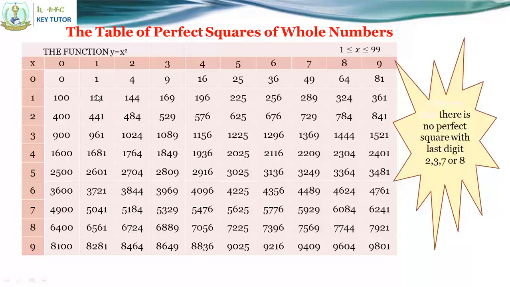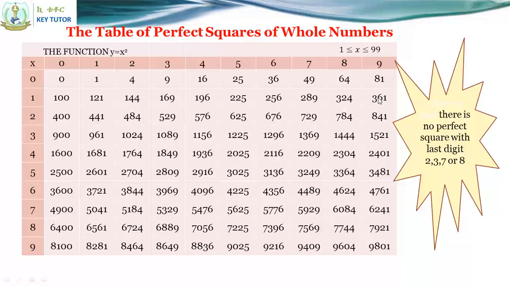You read row header 1 with the column header 1, 11 square, which is 121. This is how you read. If you want to read, say, 19 square, you take row header 1 all the way to column header 9. So the junction gives us 361, which is 19 square.